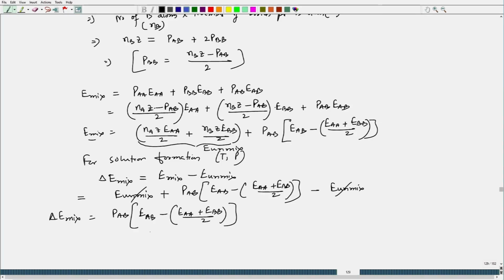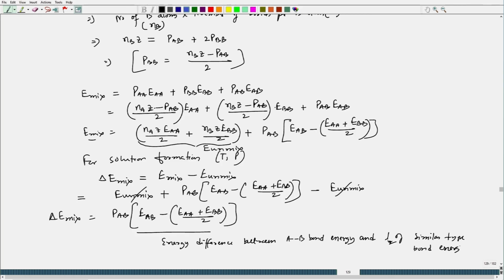So, this term we can consider to be the energy difference between the AB bond energy and half of the similar type bond energies, which is (EAA plus EBB) by 2, and this is EAB.